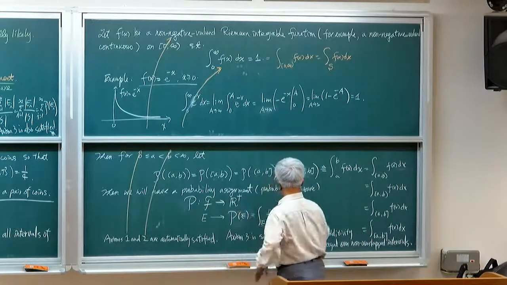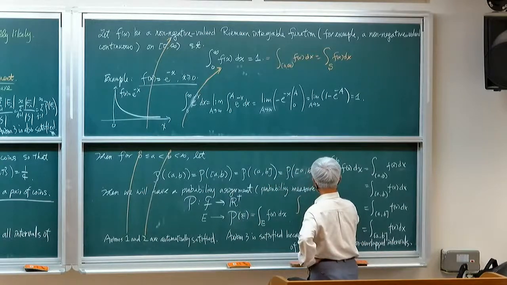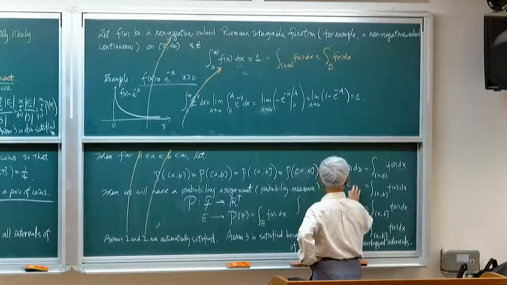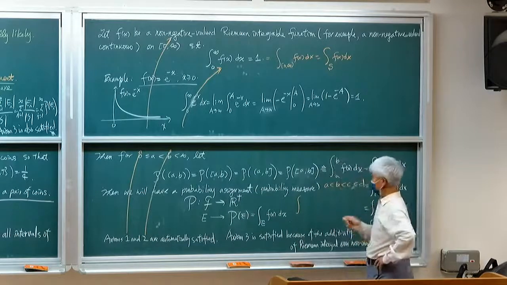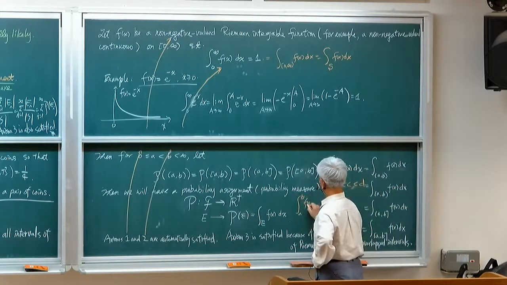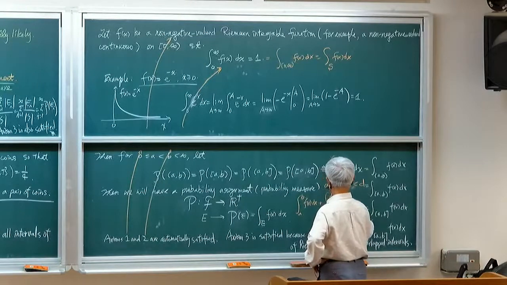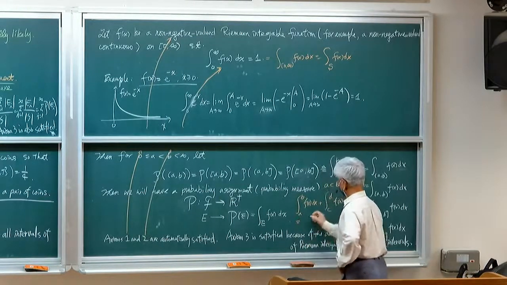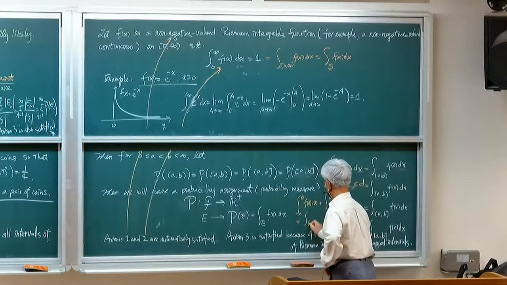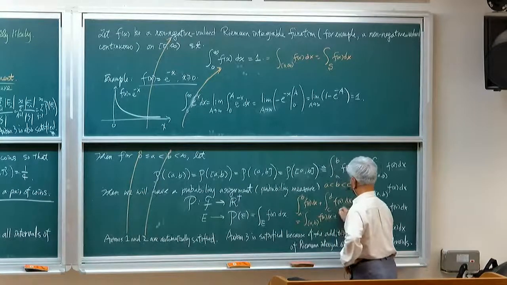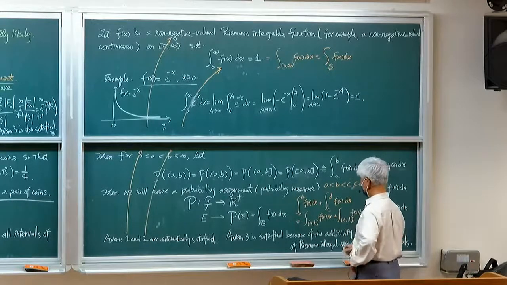Remember, suppose we have A, B, C, D. Now the integral over AB of f of x dx plus the integral over CD of f of x dx. Okay. So this is actually, say, AB, for example, plus, say, CD, for example, here.